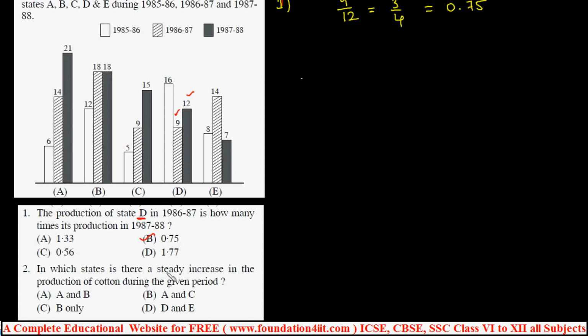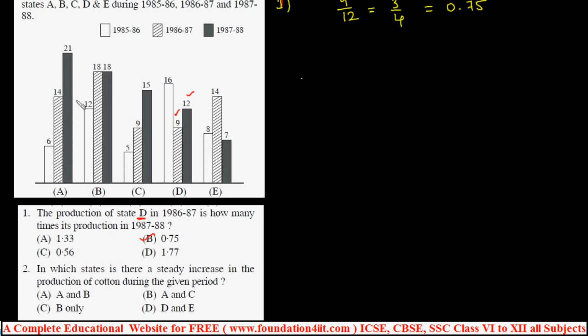Clearly there is a steady increase in production in A and C, so option B. A is 6, 14, 21 and C is 5, 9, 15. Same type of increase if you observe.